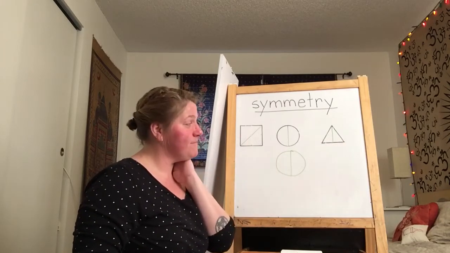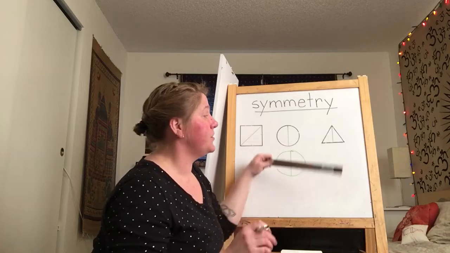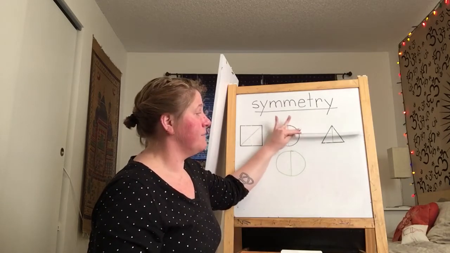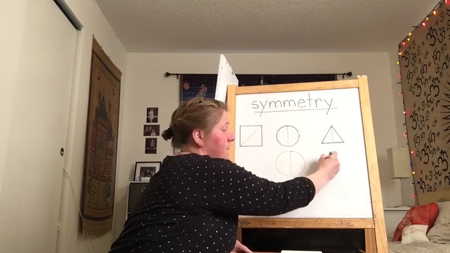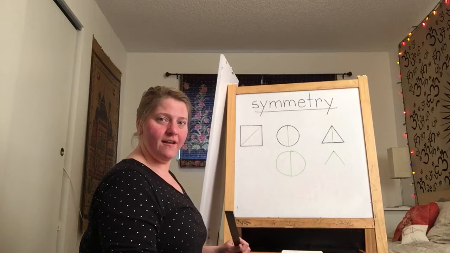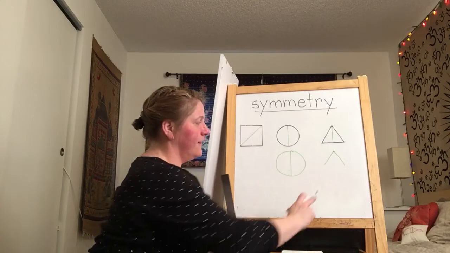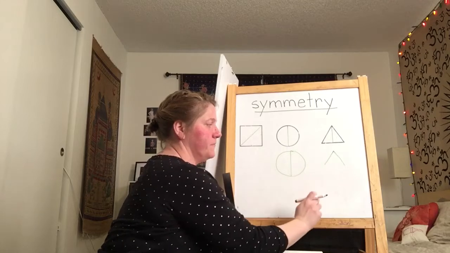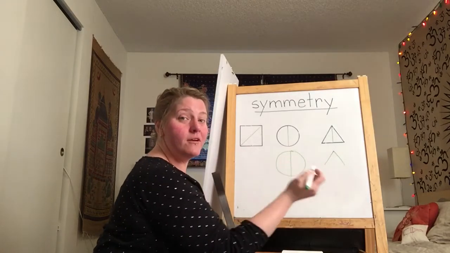Can you see that? Now if I did want to do one where I divide it in half like this to get a mirror image of this shape, how would I have to make that? Now I can't just come back up like that. That would just be the same. I'm going to do a mirror image of it.